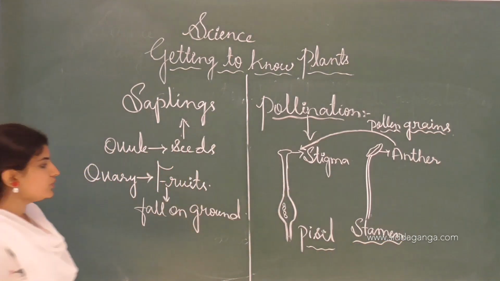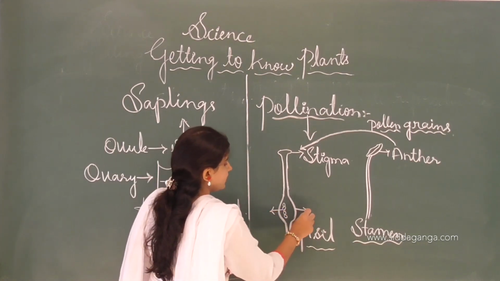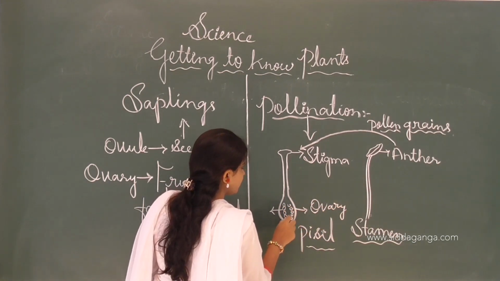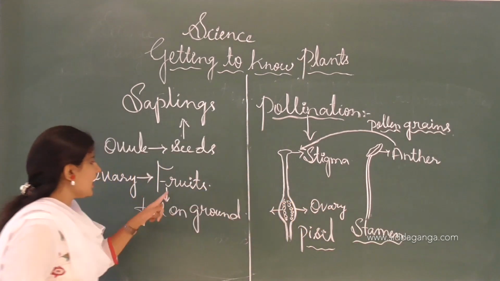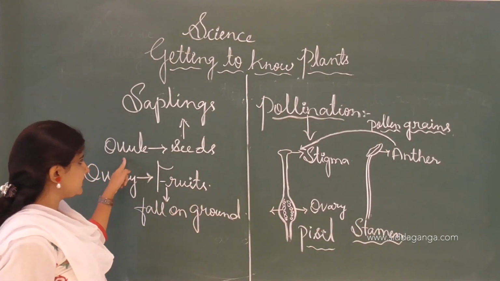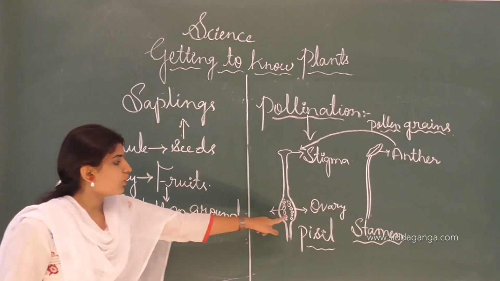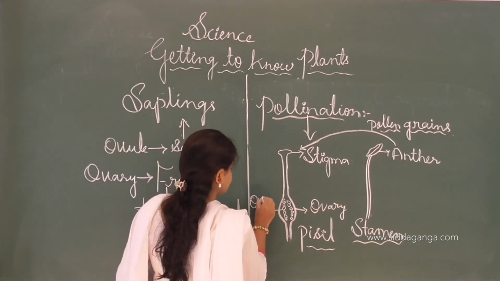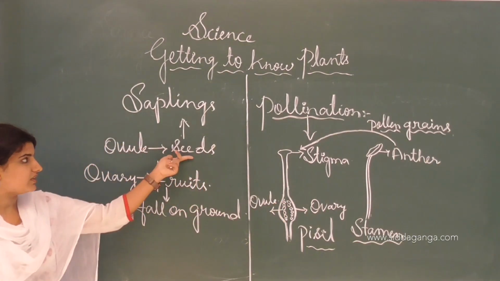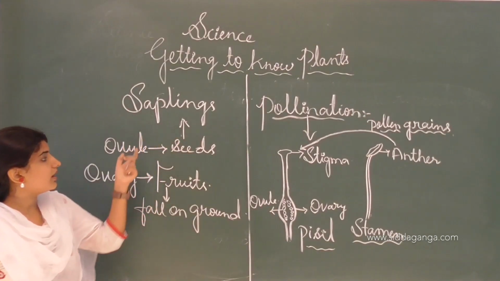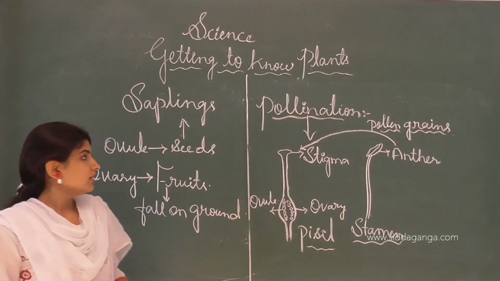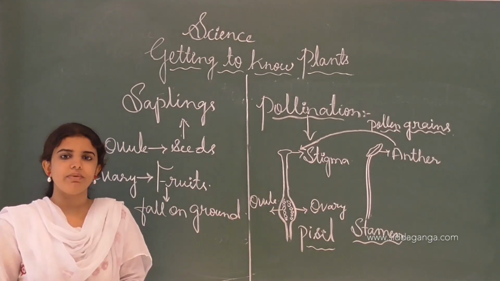And see, usually the ovary, after maturing, will grow into the fruit, and later when fruits are matured, they fall on the ground, and inside the ovary, ovules will be present, and this ovule after maturing germinates into the seeds, and later the seeds will become the sapling, which once again we use as seeds for growing new plants.